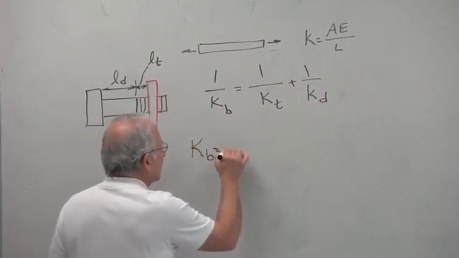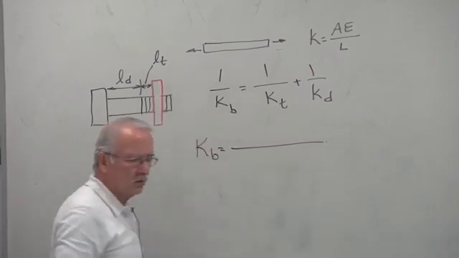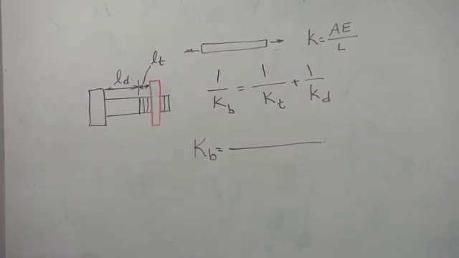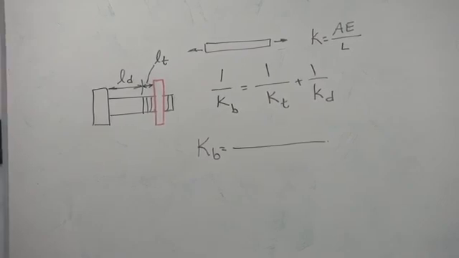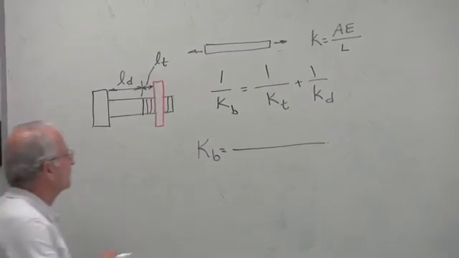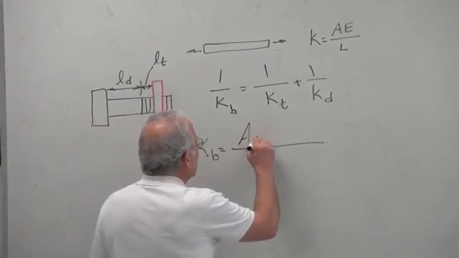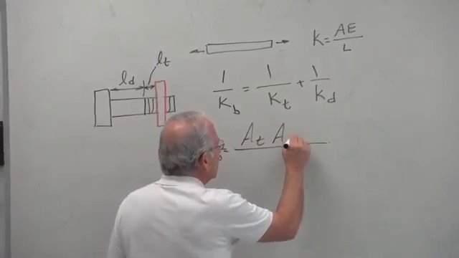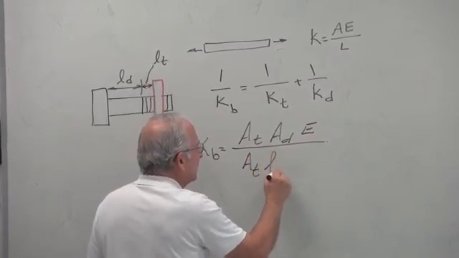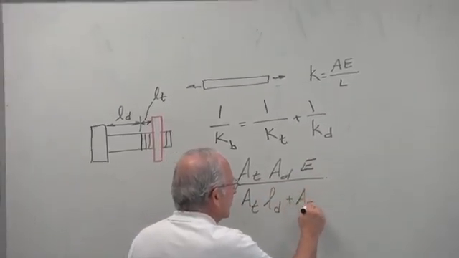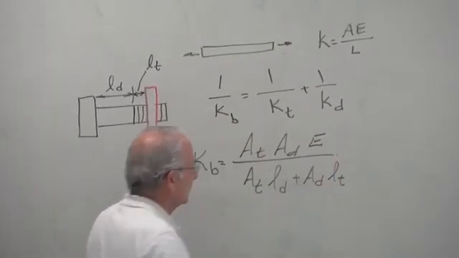And this will be equal to, if you take common denominator and write it out, AT, AD, E divided by AT, LD plus AD, LT.